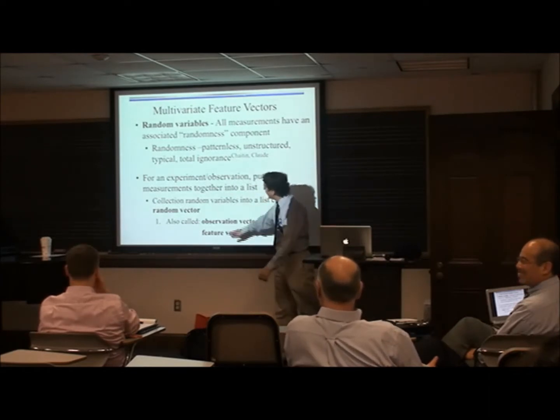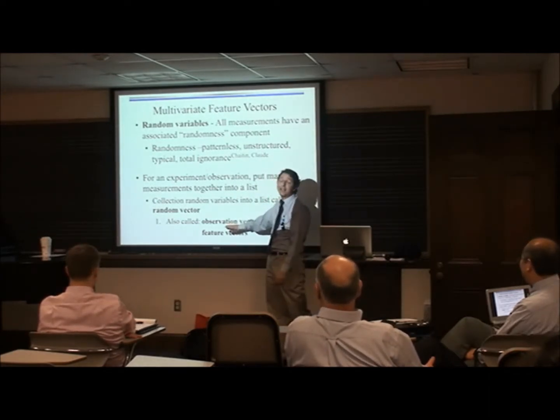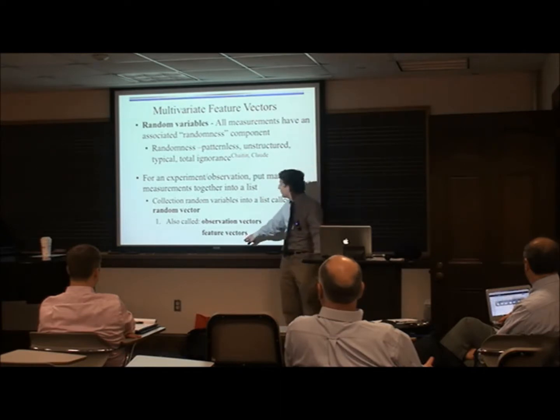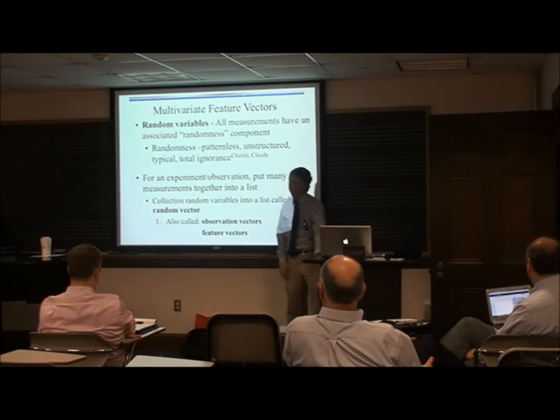It has a couple of different names. You can call it an observation vector, or you can also call them feature vectors. These kinds of techniques are used in many different fields, and each one has its own lingo. I like to use the word feature vectors because I'm measuring features on surfaces, although ultimately what we're really measuring is a bunch of random numbers.